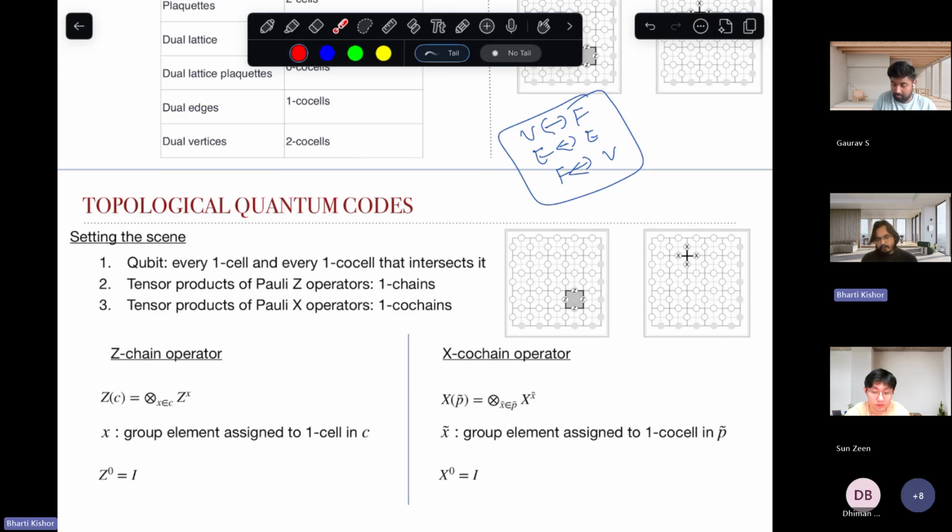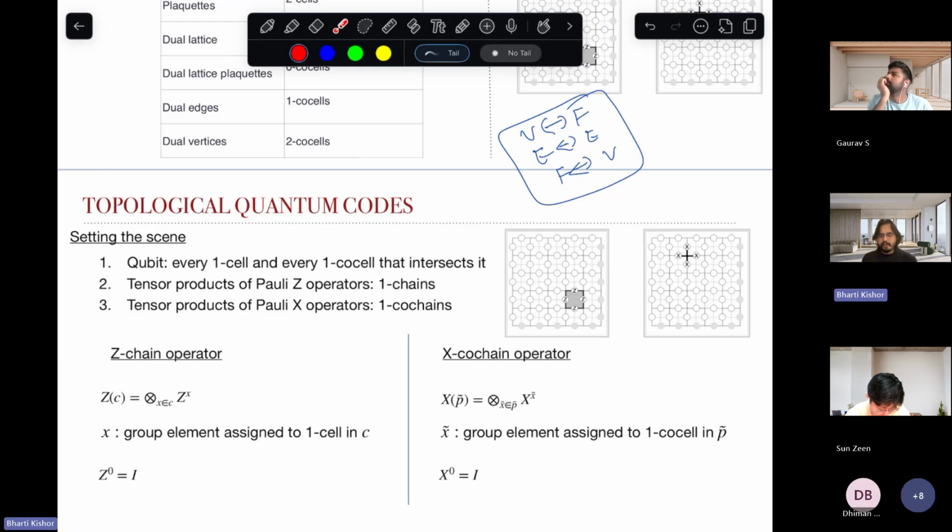Similarly, you can take some cochain, which is basically an assignment of 0 or 1 to every dual edge, which is just an edge on the dual lattice. For square lattices it does not matter because they are self-dual, so it's not that complicated.